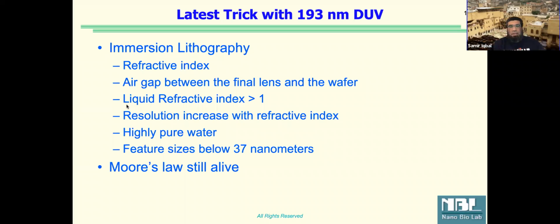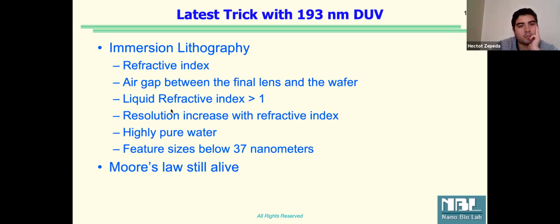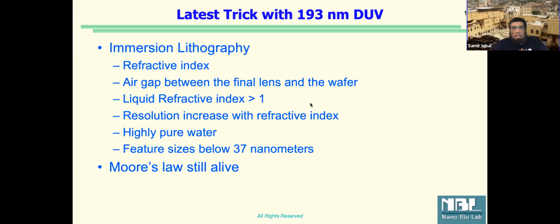Instead of using air, they started using very pure water without any particles or anything. Now we can play with the refractive index, and that gives us smaller feature size.